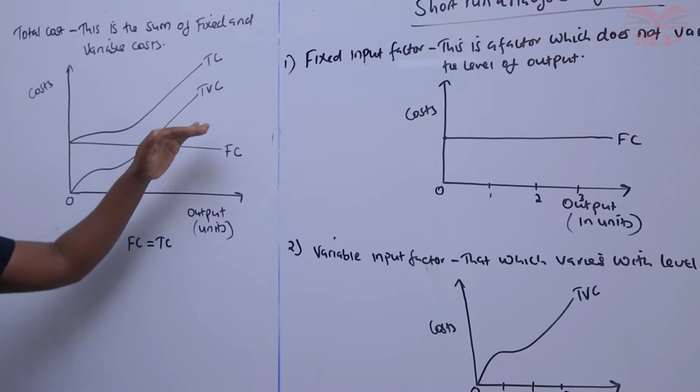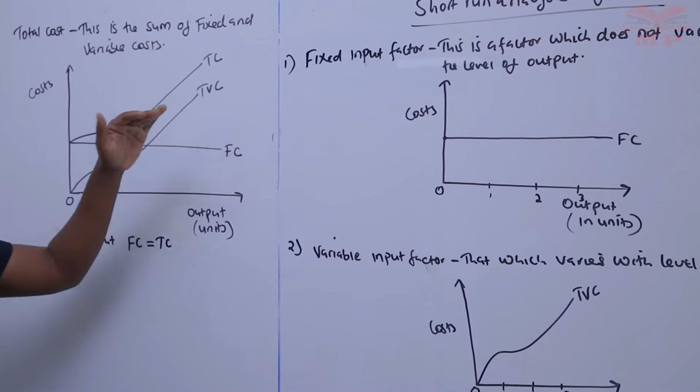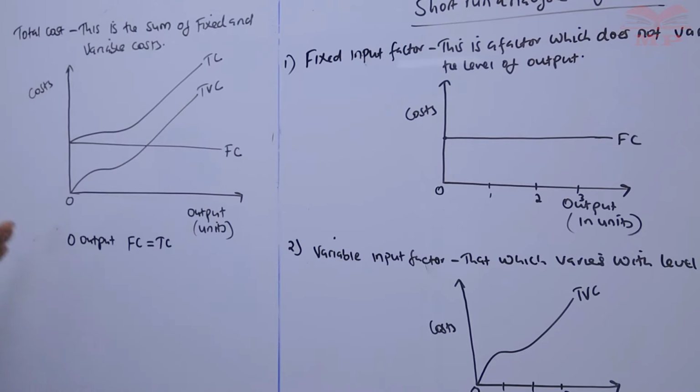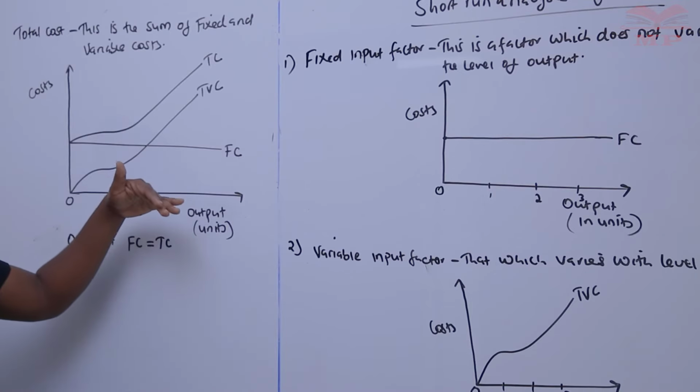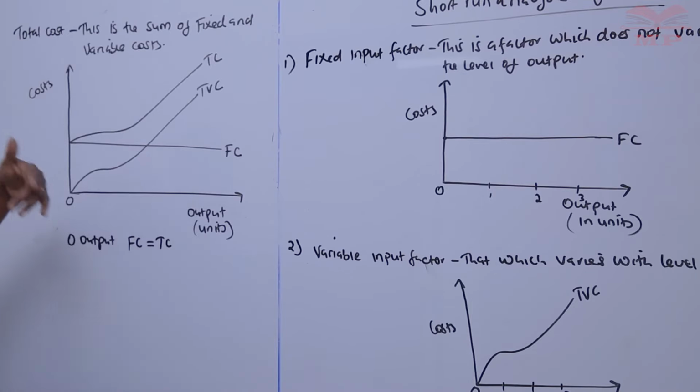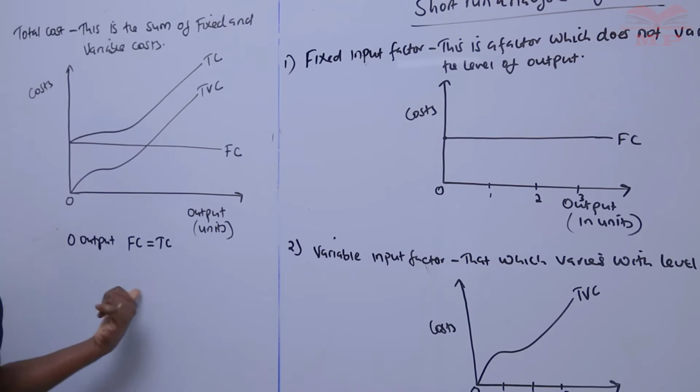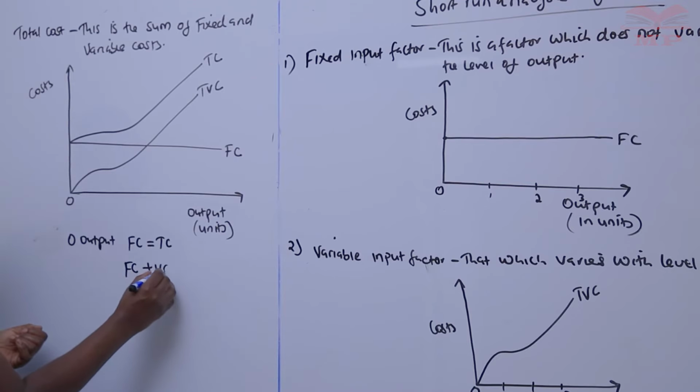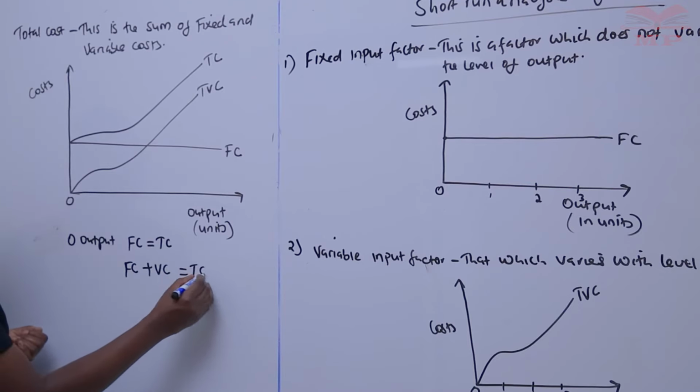This variable factor is that which is bringing about the level of change. So it normally increases or decreases depending on the variable factor. That means when the variable factor is decreasing, total cost will decrease. But when the variable factor is increasing, total cost will always increase. So when we take fixed cost plus variable cost, we get what we refer to as total cost.